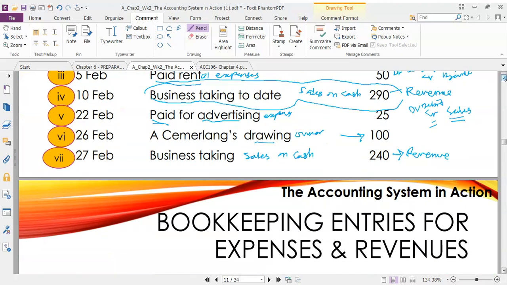Next is on 22nd February. Paid for advertising expenses 25 ringgit. So the business paid for an advertising expenses. Our expenses is increase or decrease, guys?